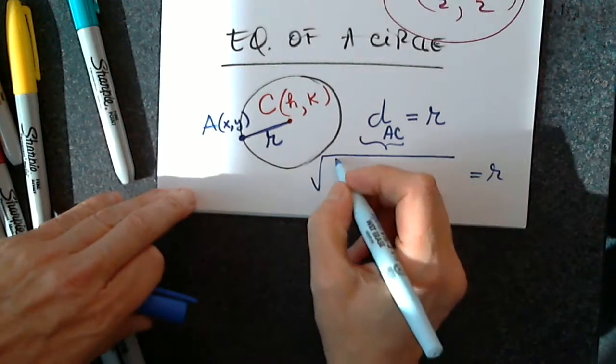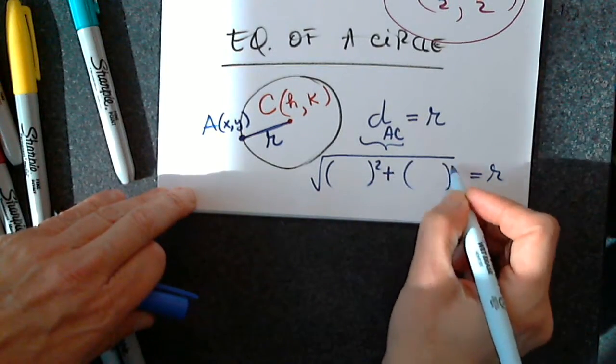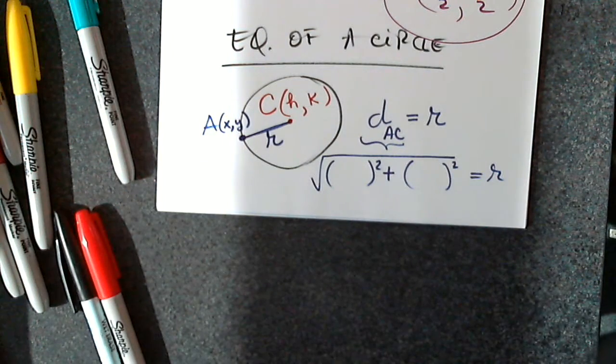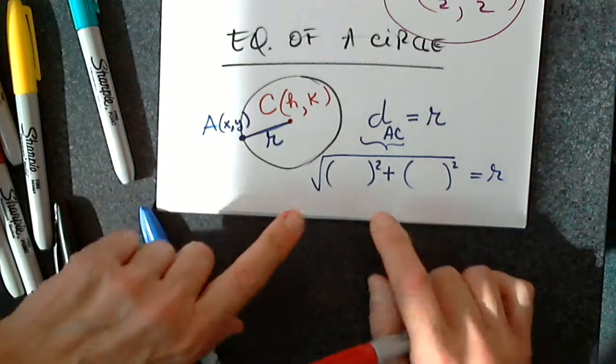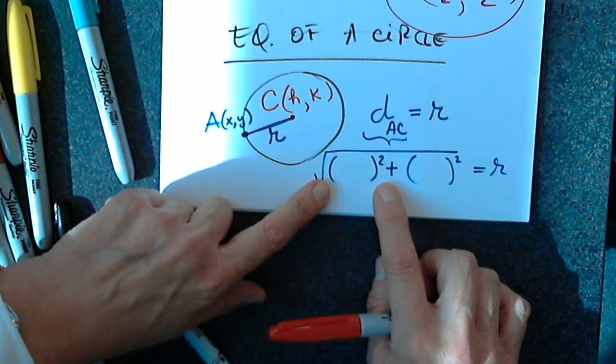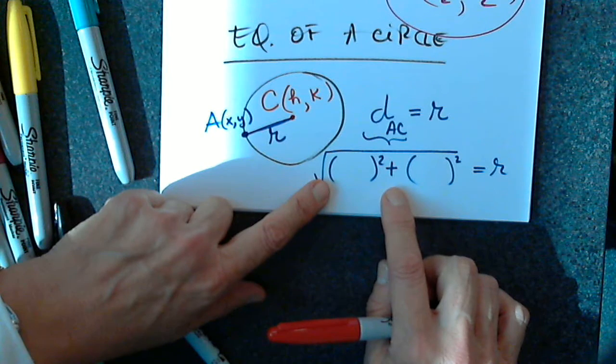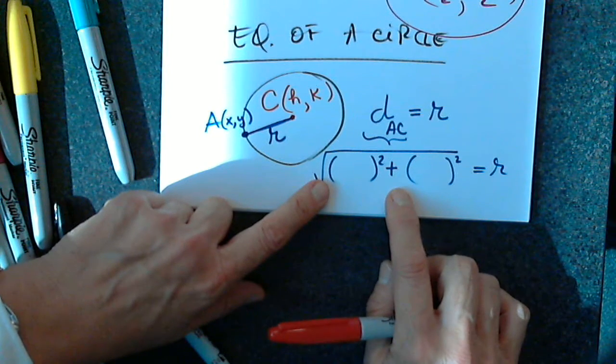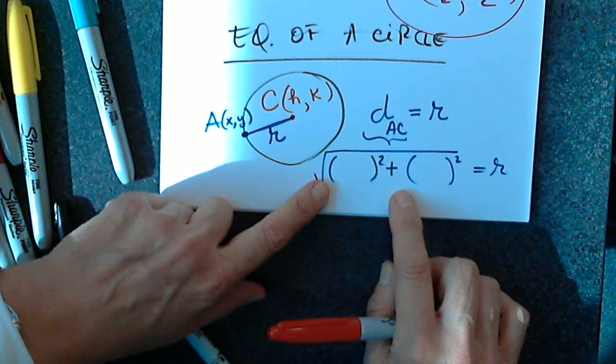Of course, you will have to give me something squared plus something squared, because that's how we write the distance between 2 points. What will I have in the first set of parentheses? Perfect. We are going to write it as x minus h, if you don't mind.